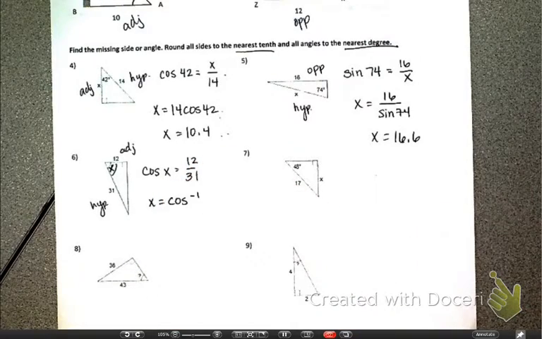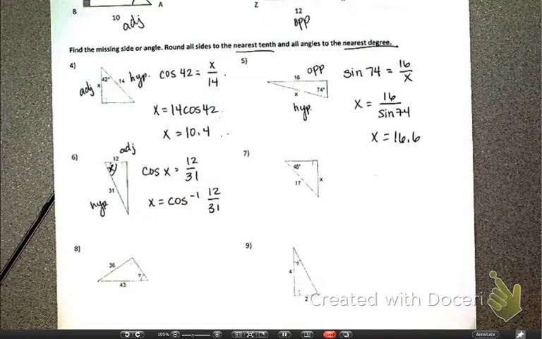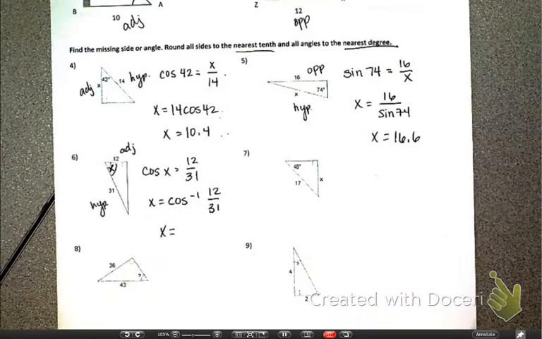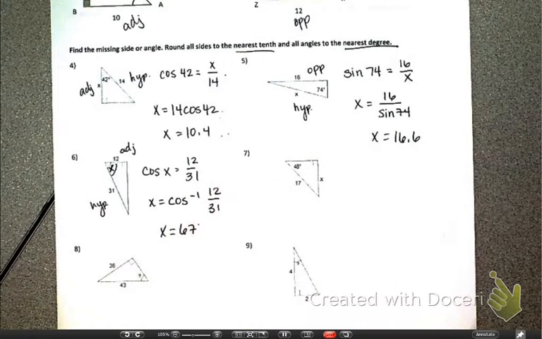So the inverse cosine of 12 over 31, when I plug that into my calculator, inverse cosine of 12 divided by 31. Because it's an angle, we're rounding to the nearest degree. So I'm getting 67 degrees.